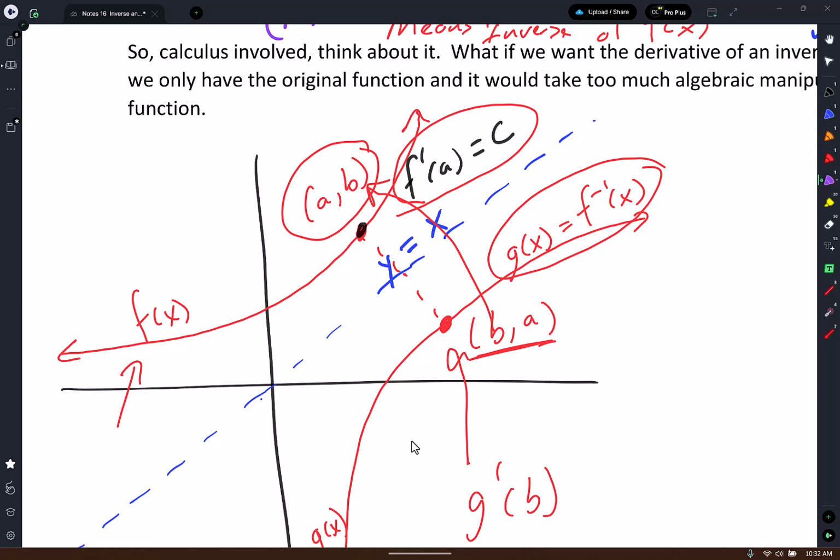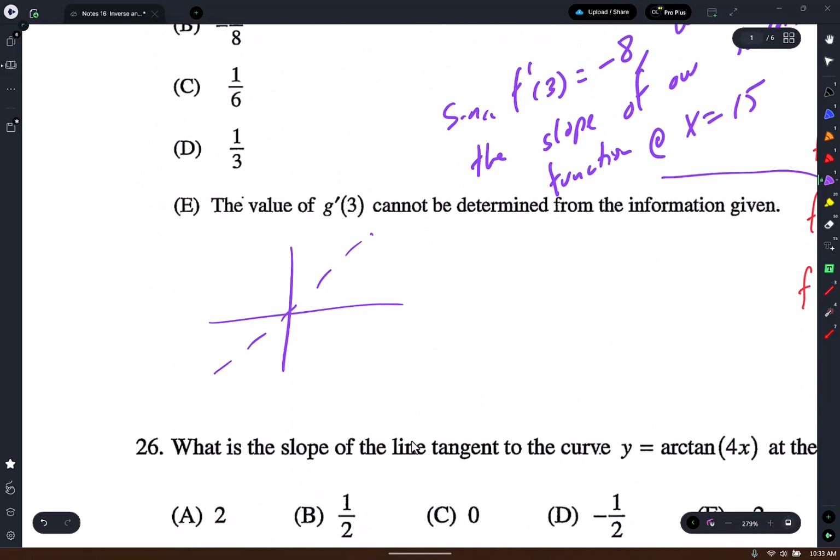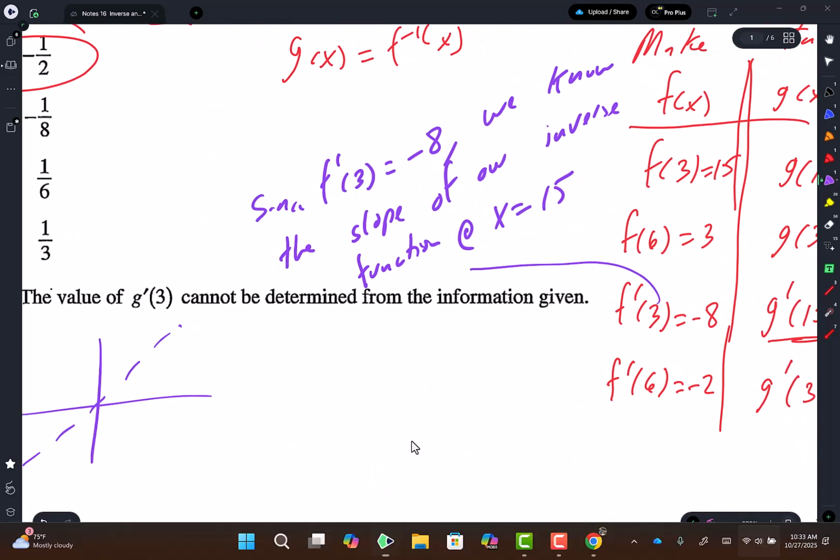Yes, it did. Okay. If you know the slope of your original at a, b of your f, then you know the slope of your inverse at that point. But notice that this value changes. It was originally an a, and now it's a b, because that b was a y value on the original. And of course, this is just part of it. Let me continue writing.